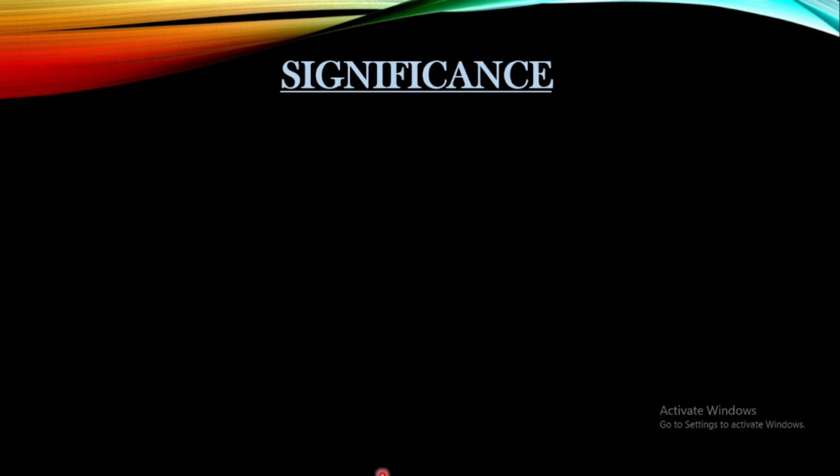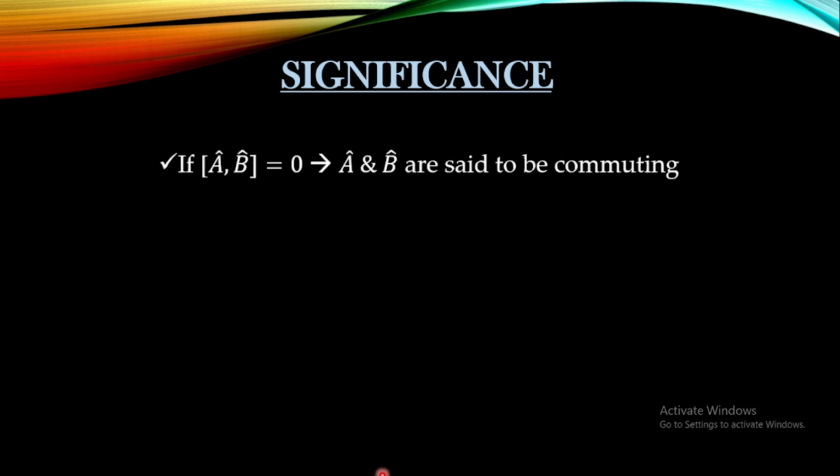So in quantum mechanics, these commutation relations are very important, and if you understand the significance of these relations, you can conclude many results based on them. So let us understand what actually is the use of these relations. Let us say we take the inner product of two operators, that is the inner product of A cap and B cap.